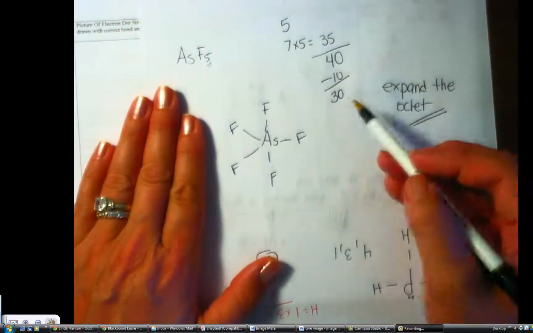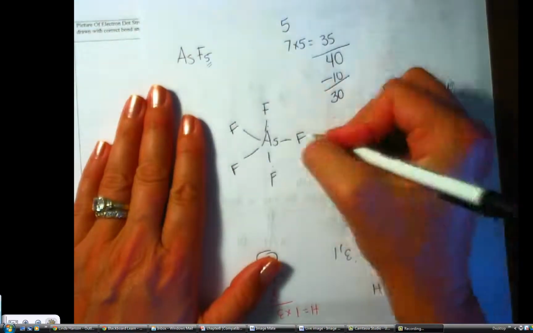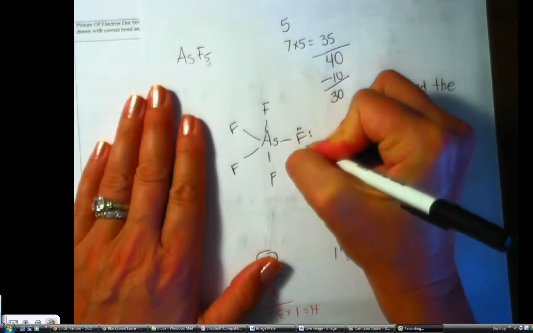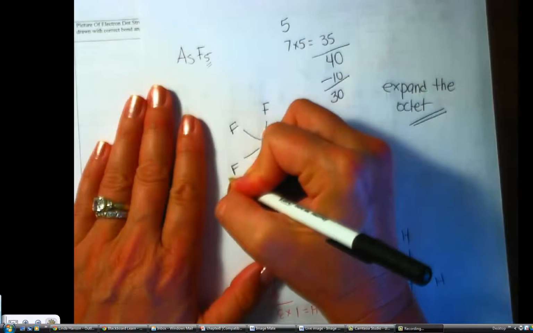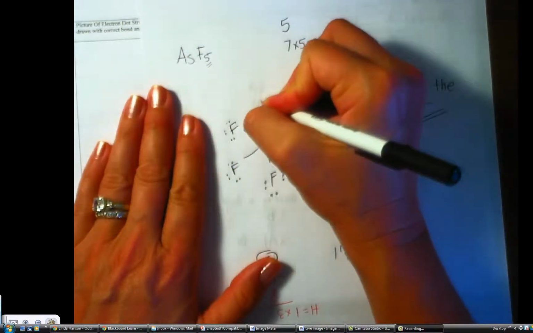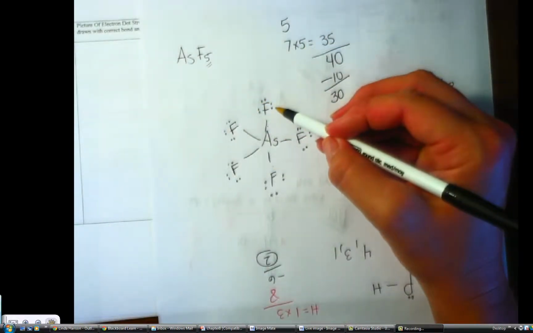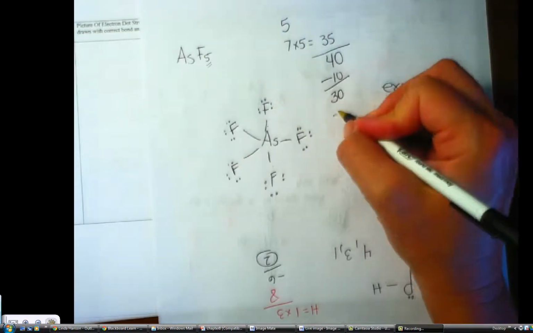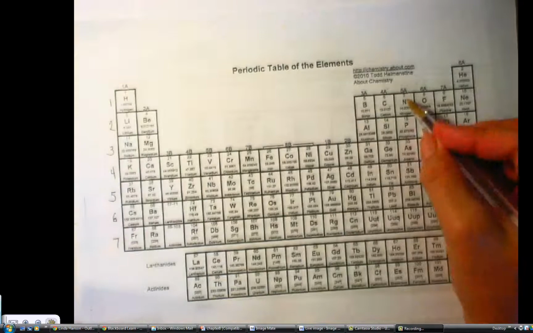Then the rules say, with those 30 electrons, fill the octet of all of the outermost atoms, which are the fluorines. So we'll need to place 6 electrons around each of those fluorines to satisfy its octet. How many did we use? Well, we placed 6 around each of those 5, so we used 30 electrons, giving us a remainder of 0. We've actually just created a molecule that has formal charges of all 0.